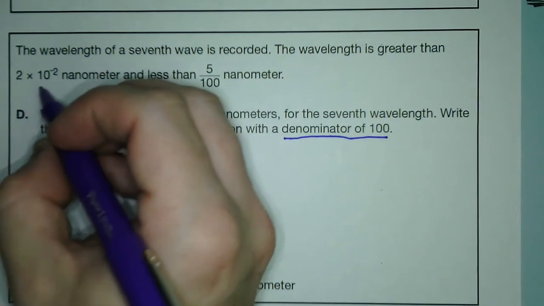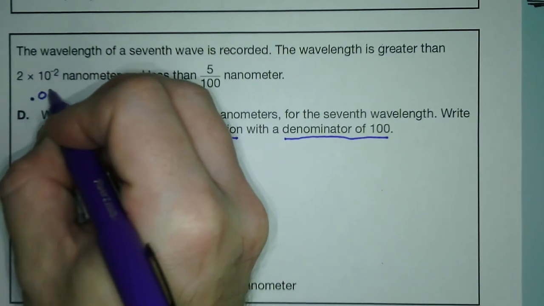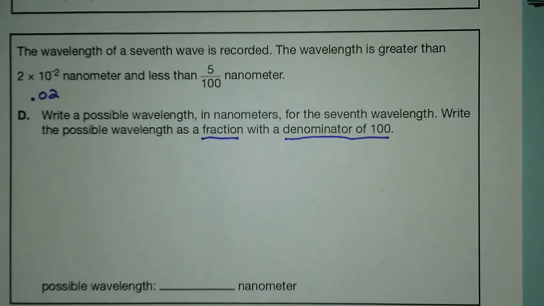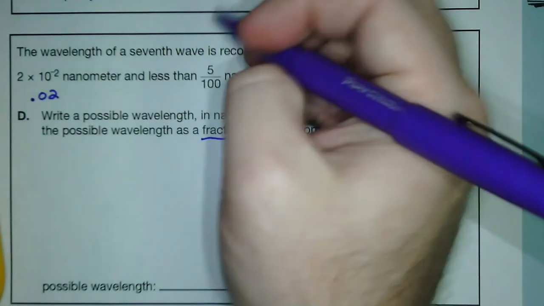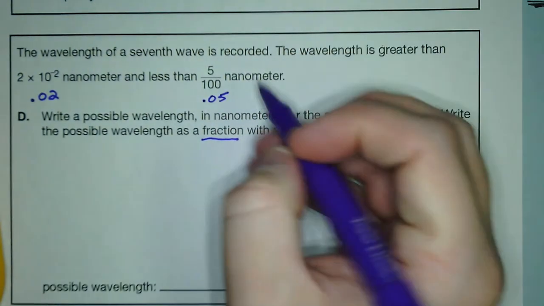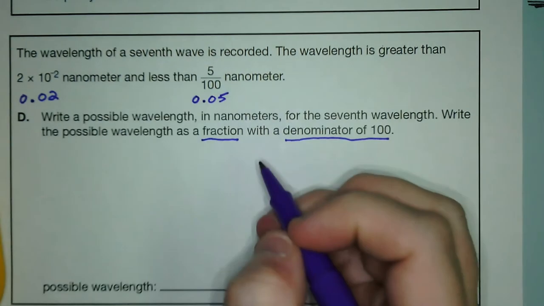Okay, so 2 times 10 to the negative 2, wasn't this 0.02? 5 divided by 100, wasn't that 0.05? I think that was 0.05, but let's double check. 5 divided by 100, 0.05. And again, technically I should probably also include zeros there, whatever.